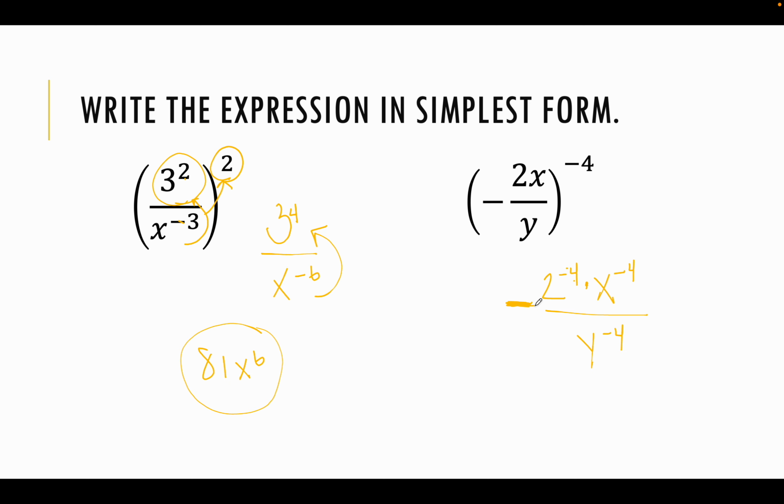Now with this negative sign here, when we're doing something 4 times, since that's an even number, it's going to end up as positive. So we can eliminate that negative sign. Now we have all negative exponents because everything was raised to a negative power. So we need to basically flip the entire fraction to its reciprocal. So y to the 4th comes to the top, 2 to the 4th, which is 16, goes to the bottom, and x to the 4th goes to the bottom as well, for our final answer of y to the 4th over 16x to the 4th.